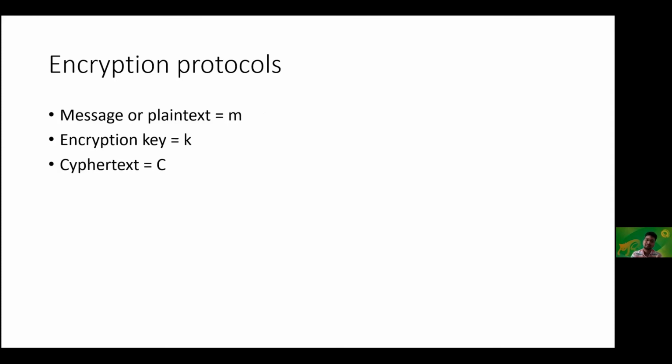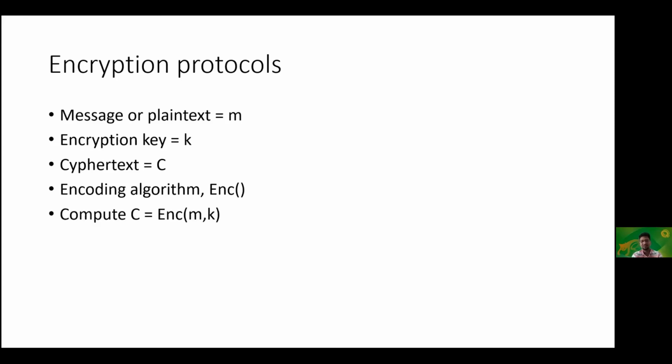And then what you want to compute is a ciphertext. For that, you need an encoding algorithm. Here Enc is the encoding algorithm. You input your message and your key into this encoding function. It spits out the ciphertext, and there is a decoding function.